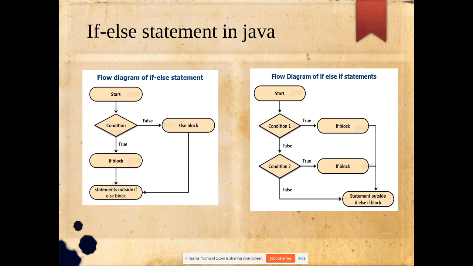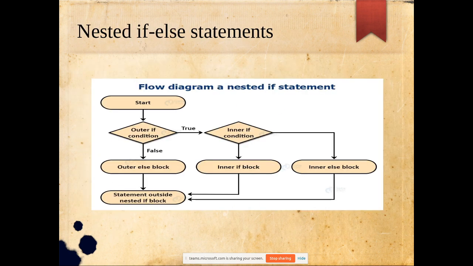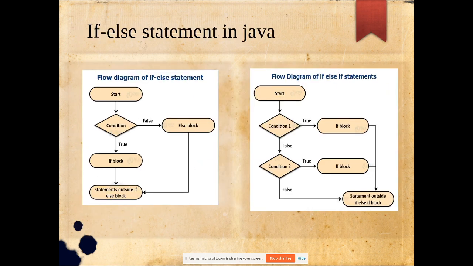If it is not rainy, it is false, then I will have a separate block, called the else block. I will show the piece of code so you can understand. In the else block I will write System.out.println I will take cold coffee because it is not rainy.